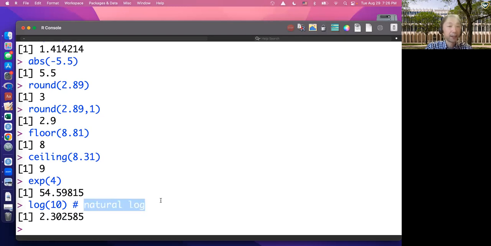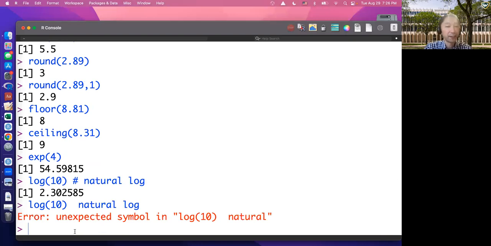After that, these words are ignored when running the code. If I don't include this, then you get an error. I tried to calculate the natural log of 10, but actually this violates R's grammar, so it returns an error.